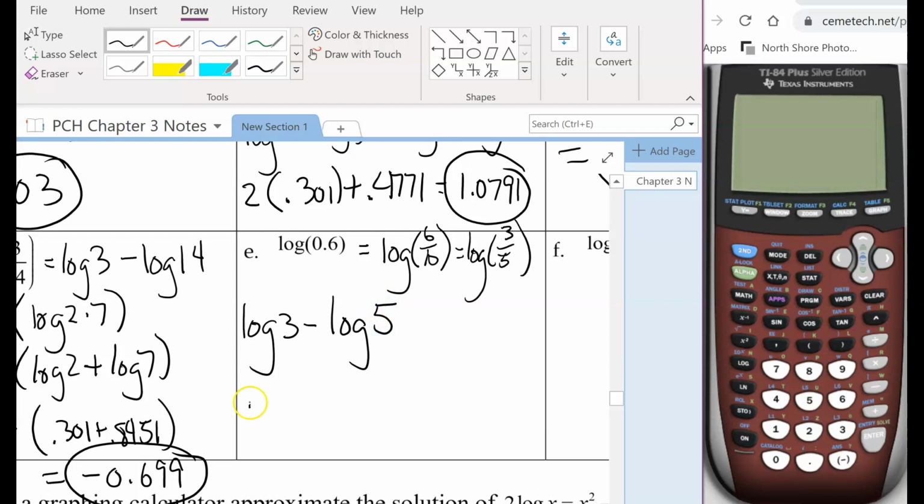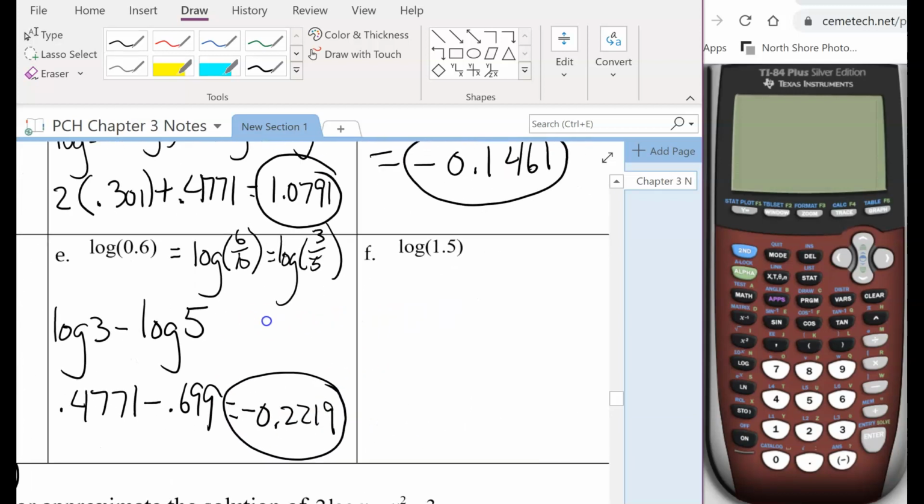The log of 3 is 0.4771, and the log of 5 is 0.699, and our final answer becomes negative 0.2219.